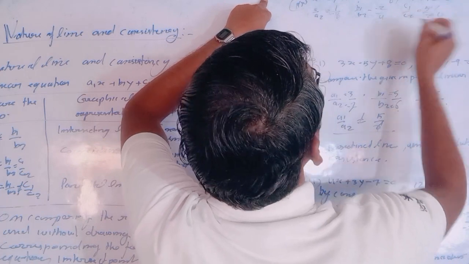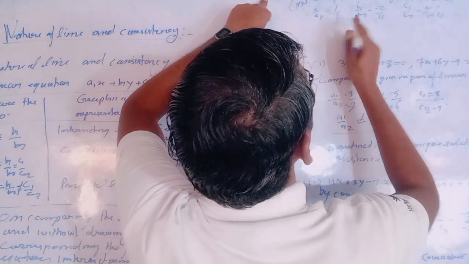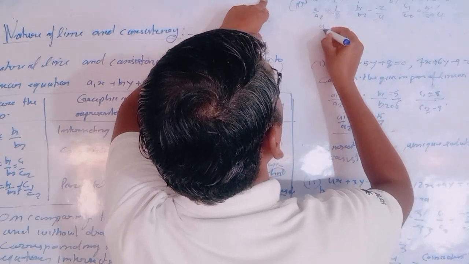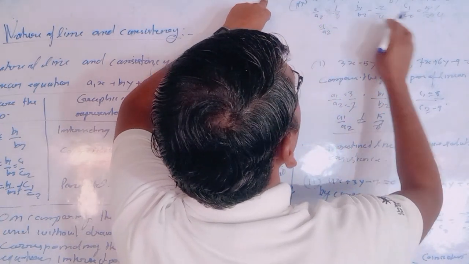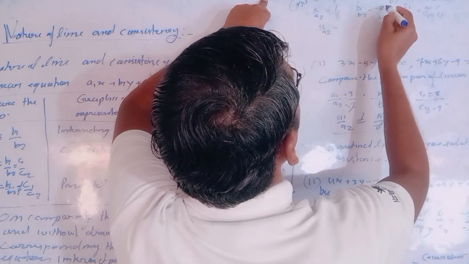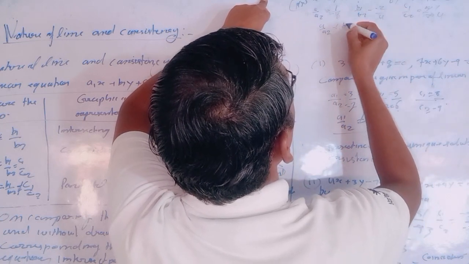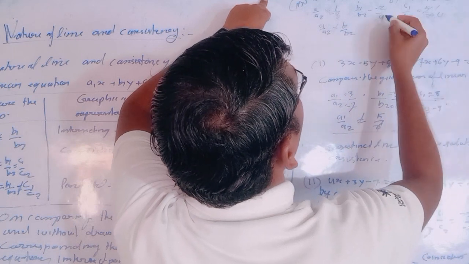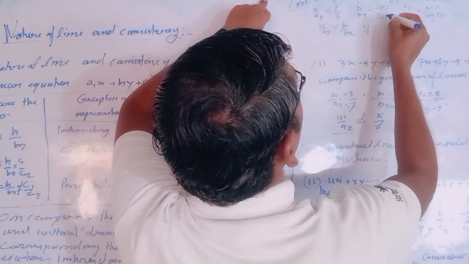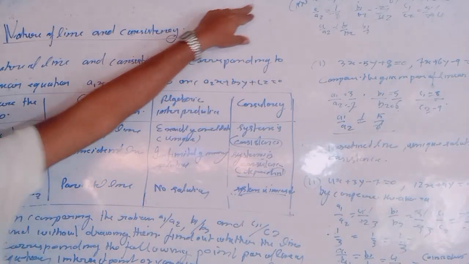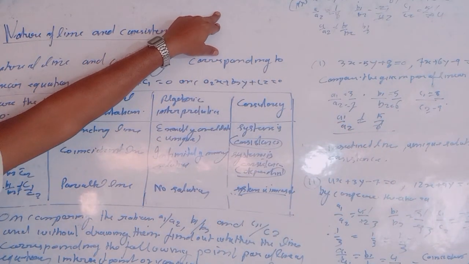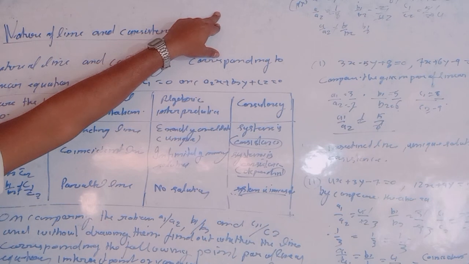So here a1 by a2 is equal to b1 by b2, which is 2 by 8, that is 1 by 4. And c1 by c2 is 5 by 20, which is also 1 by 4.